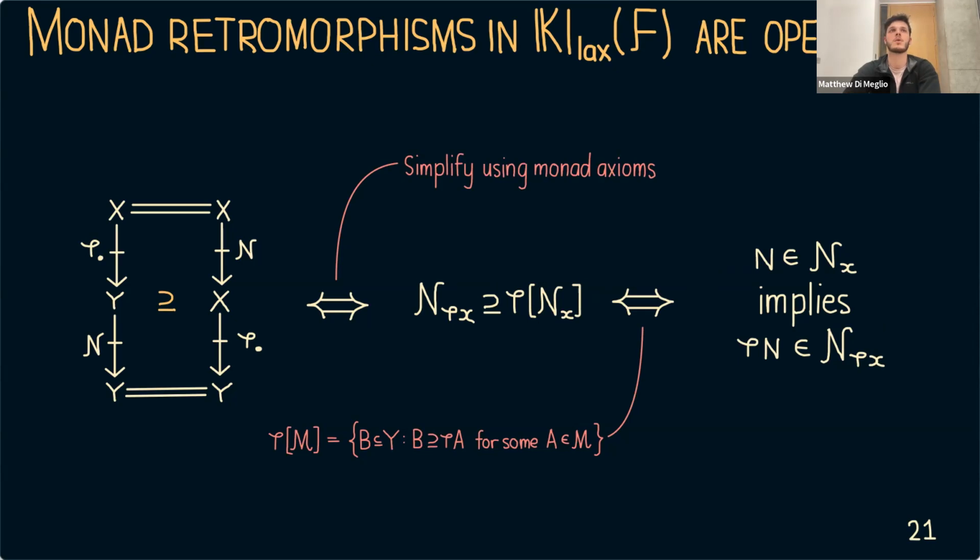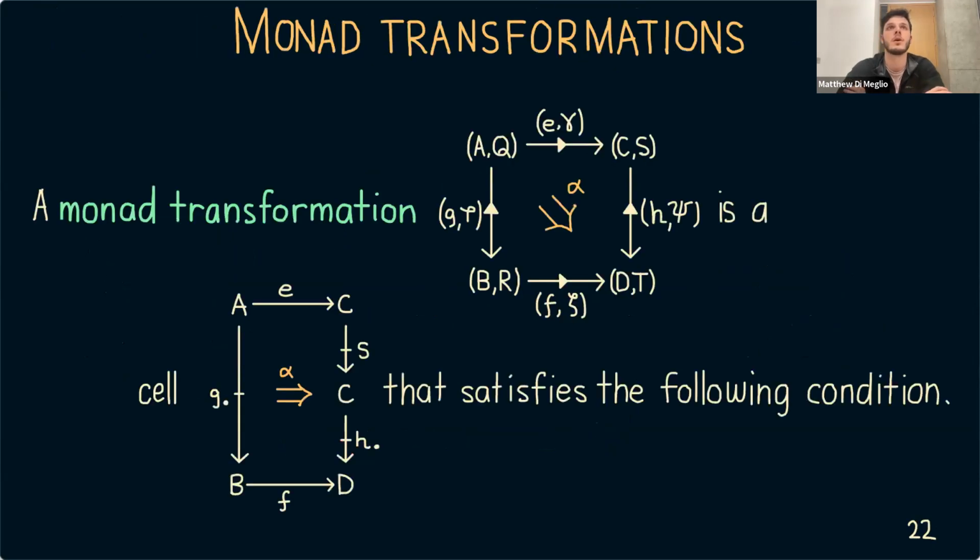Okay, so what's next? The final thing, because we're moving towards building a double category of morphisms and retromorphisms, is that we need to talk about the cells. So here the objects are the monads, the morphisms are like so, and the retromorphisms are the pro-arrows, and now we're defining what the cells are that fill in these squares.